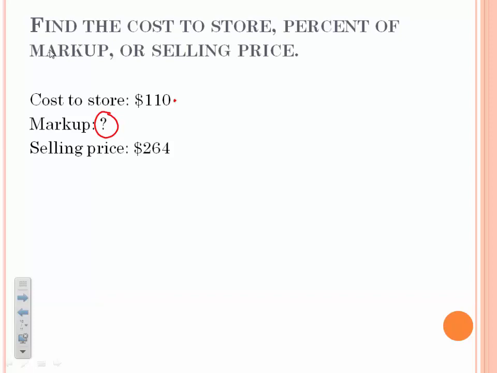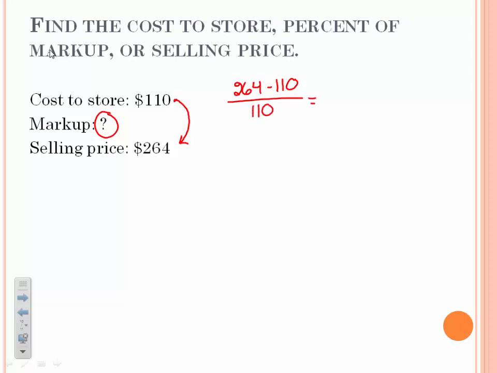You start with 110 and you go to 264. Easy. So now you can just treat this the same way you did your percent of change. So we can go big number minus small number all over original number.